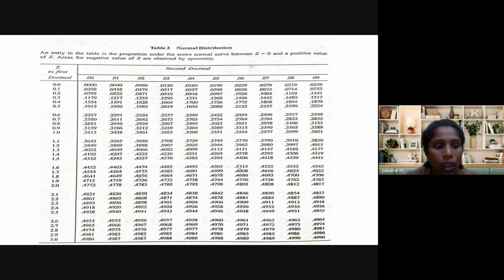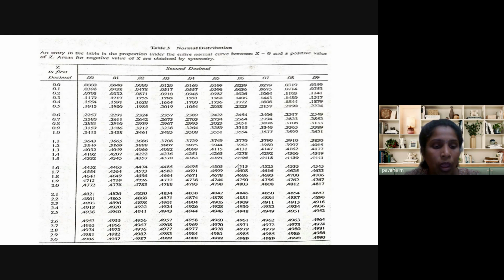You want the area between these values, right? So first get the value of 0.60 from the table, which is 0.2257.